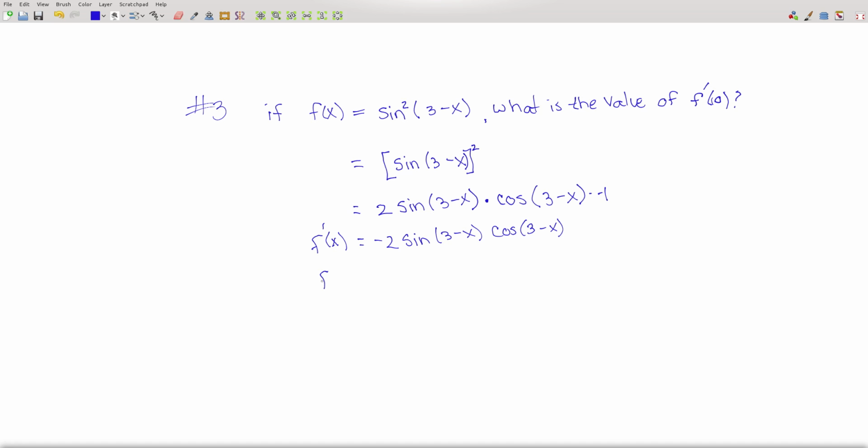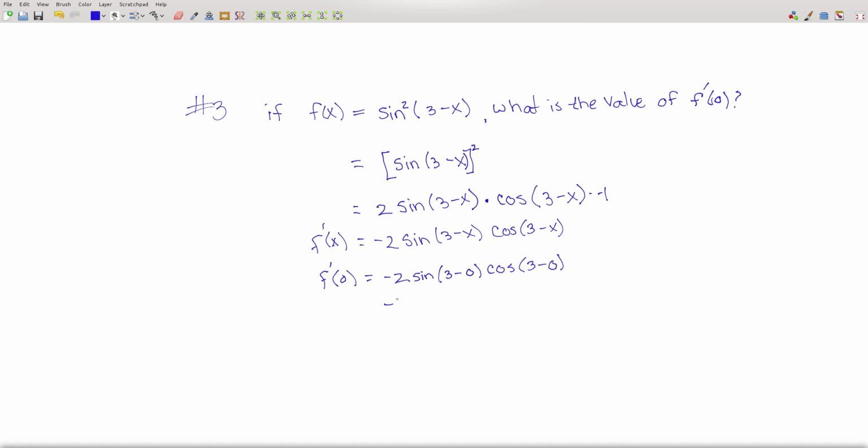So to do that, we'll just replace all the x's now in this derivative with a 0. So the derivative of f at 0 is negative 2 times the sine of 3 minus 0 times the cosine of 3 minus 0. Okay, we can clean it up a little bit more.